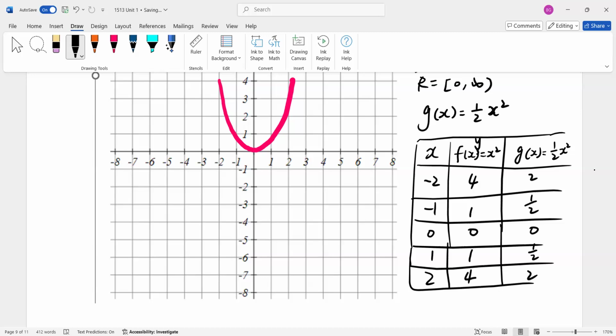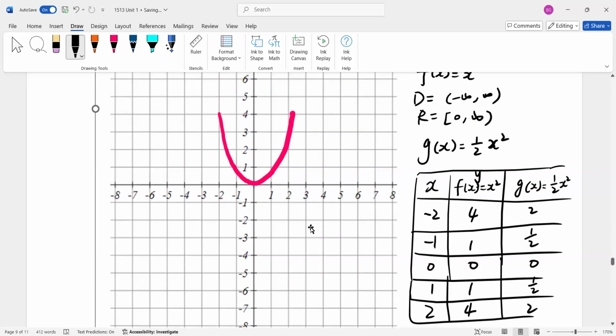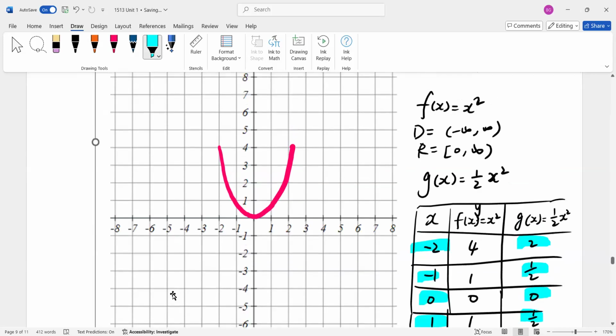Okay, so now let's see the graph, the 5 points on the daughter function. We have -2. This is a pair, okay? That's a pair for the daughter function. Another pair, another pair. So we have 5 pairs, 5 points. They are -2, 2.